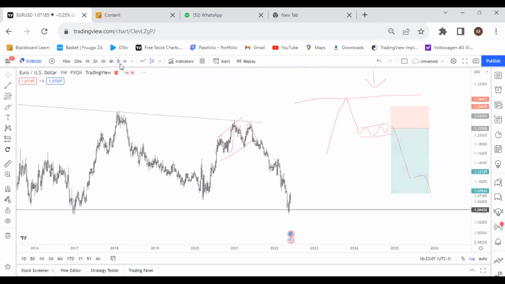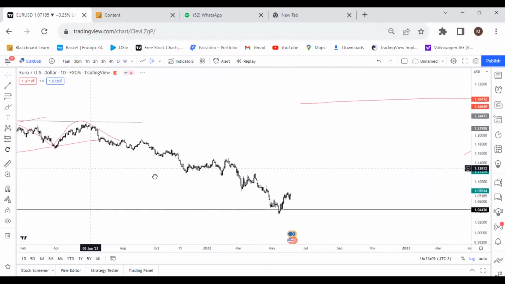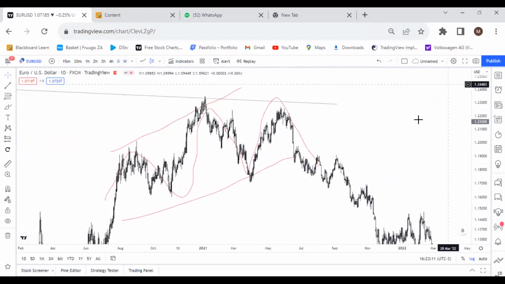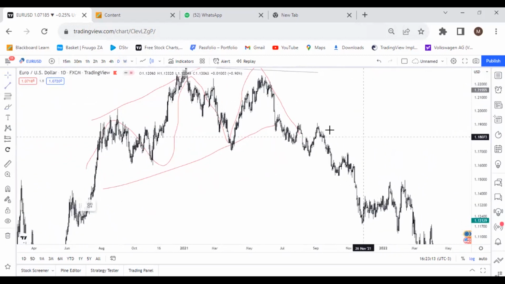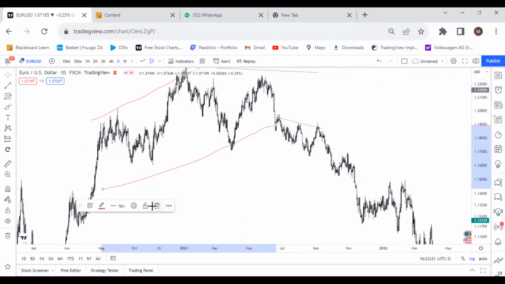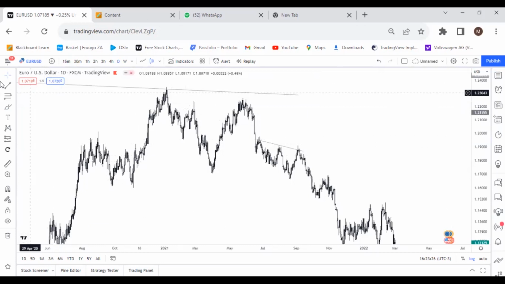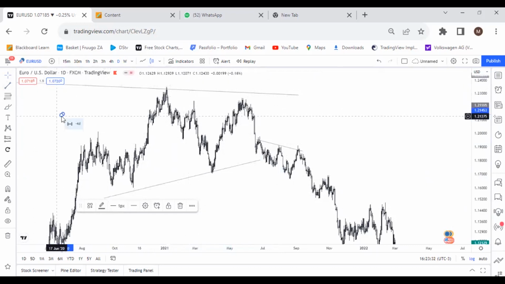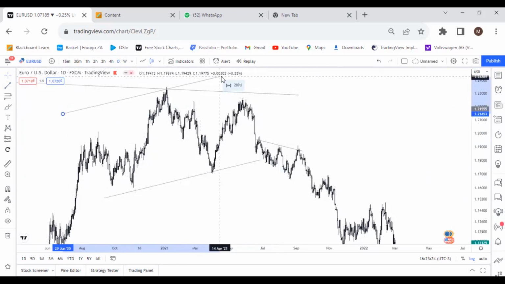So I'm going to scale down to the daily time frame. And as you can see, we had a very nice correction right there. Let me just remove these. And draw using the trend lines. And remember, the trend lines of these corrections, they don't really have to touch.